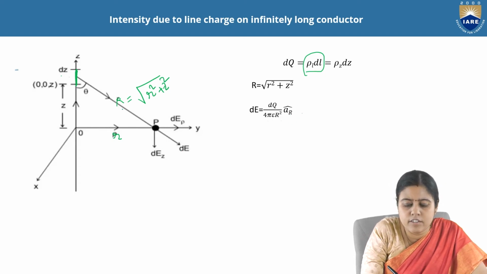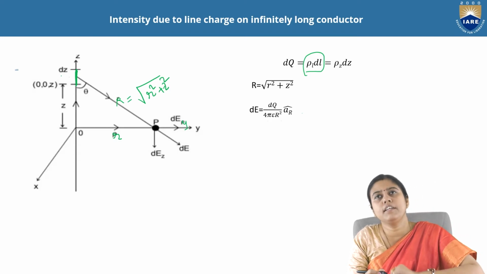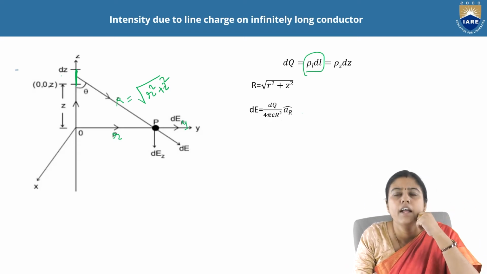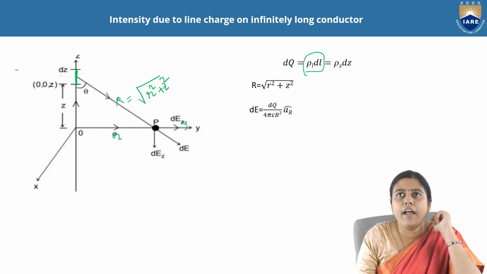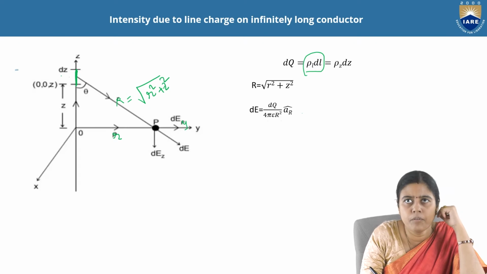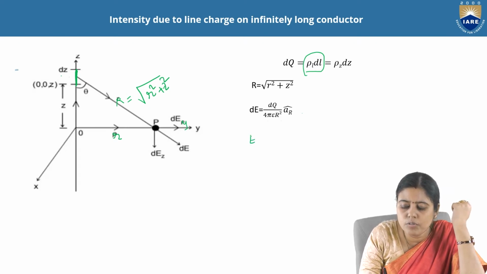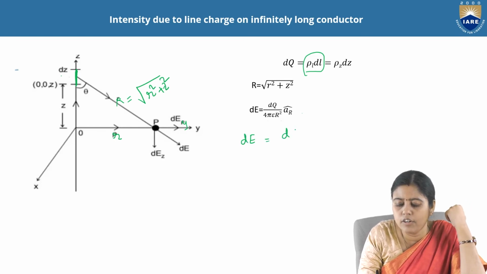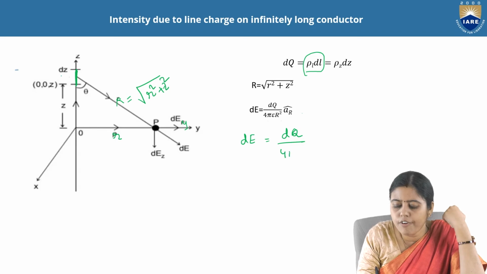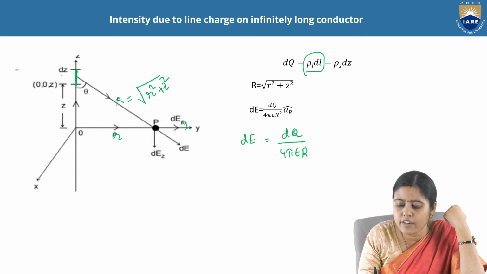The dE is working through this path. So it has two components, dEy and dEz. Now, what is the value of the dE? dE is equal to dq by 4 pi epsilon R squared into aR.